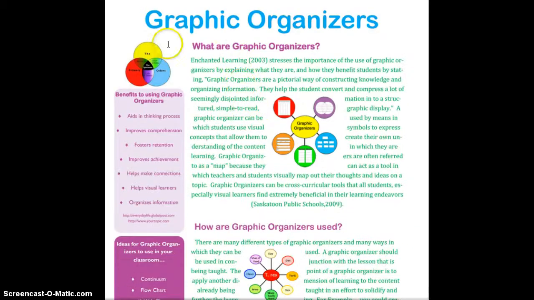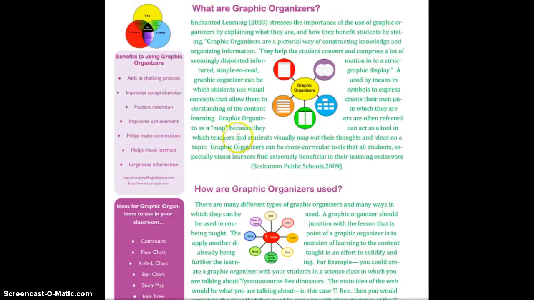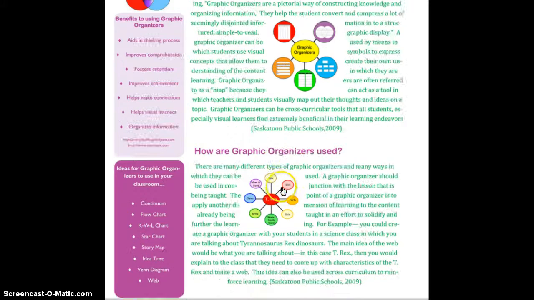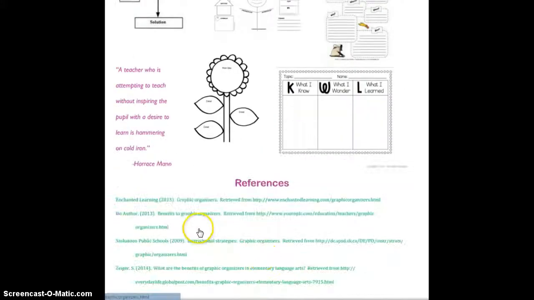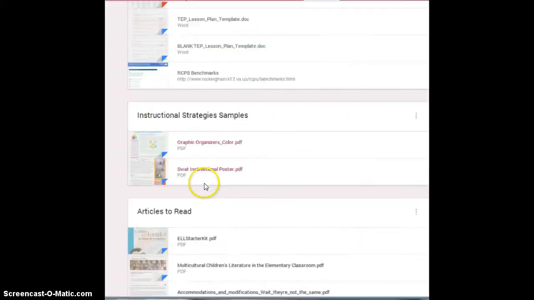So here we have just a very attractive page, what is a graphic organizer, how are they used, ideas, benefits of that, examples, lots of pictures, and then some references. Let's go back and take a look at the other one.